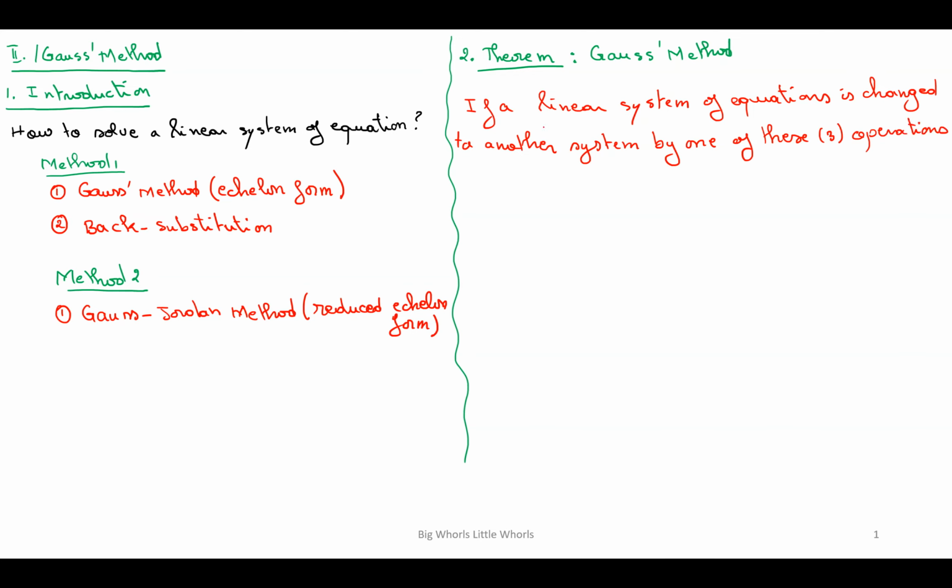What are those three operations? They are: number one, I'm going to call it swapping. Okay, let me write it here. Swapping, and let me define it. What do we mean by swapping?